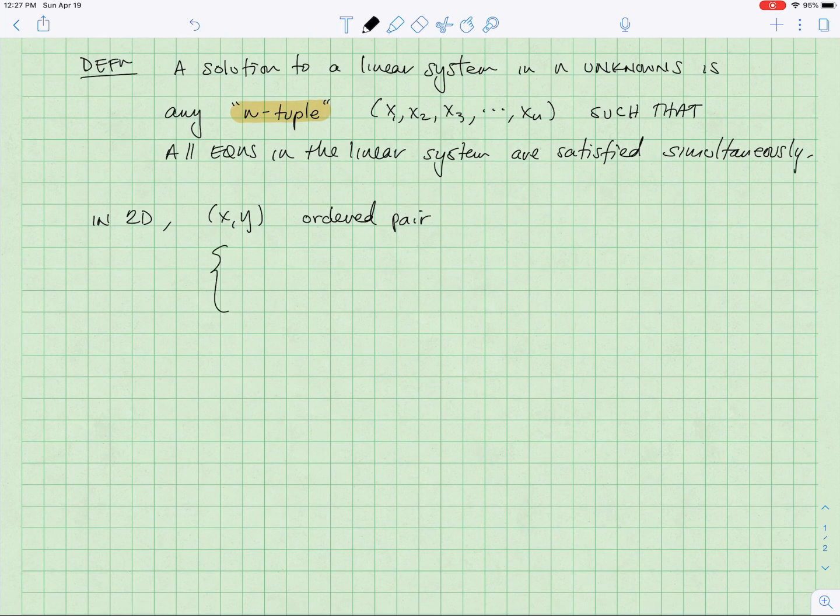And for our previous example, 5x minus 2y is equal to 2, and negative x plus 2y is equal to 6.